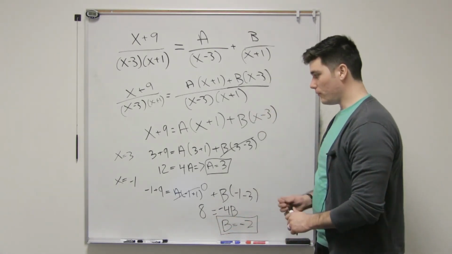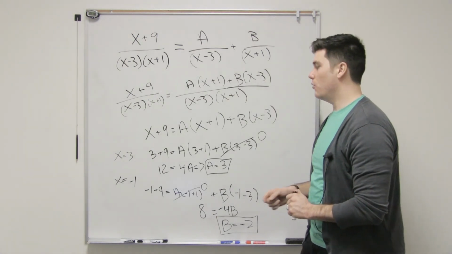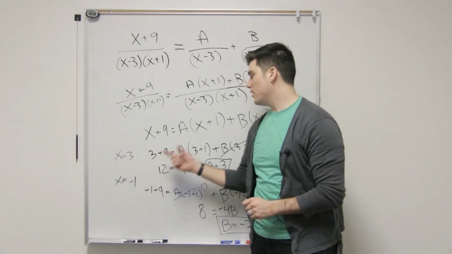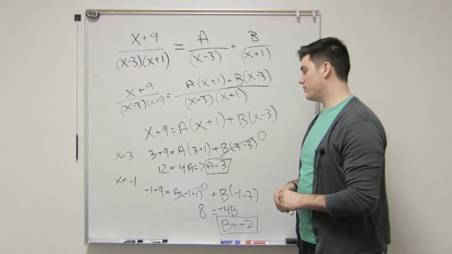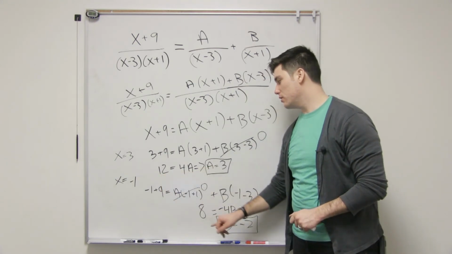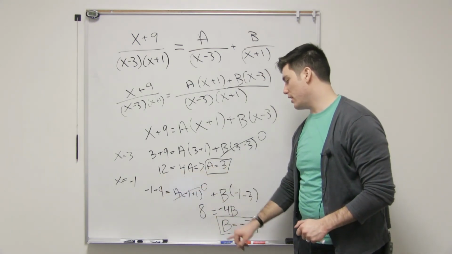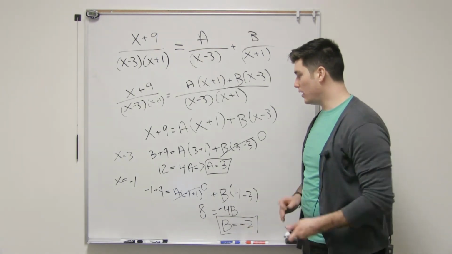So when last time we used a system of equations, this time we picked values of x that cancel different terms so that we're left with just single equations with one unknown. In this case it was 12 equals 4a and 8 equals -4b.